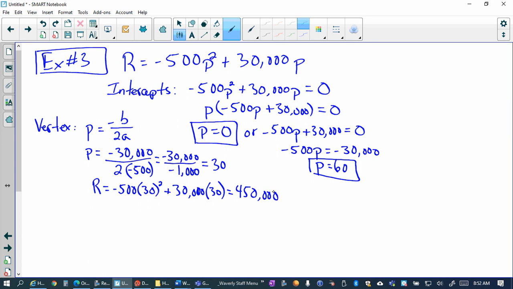Is that right? That's right. So the coordinates of that vertex are 30, comma, 450,000. So there's that third point where we can sketch out the parabola.